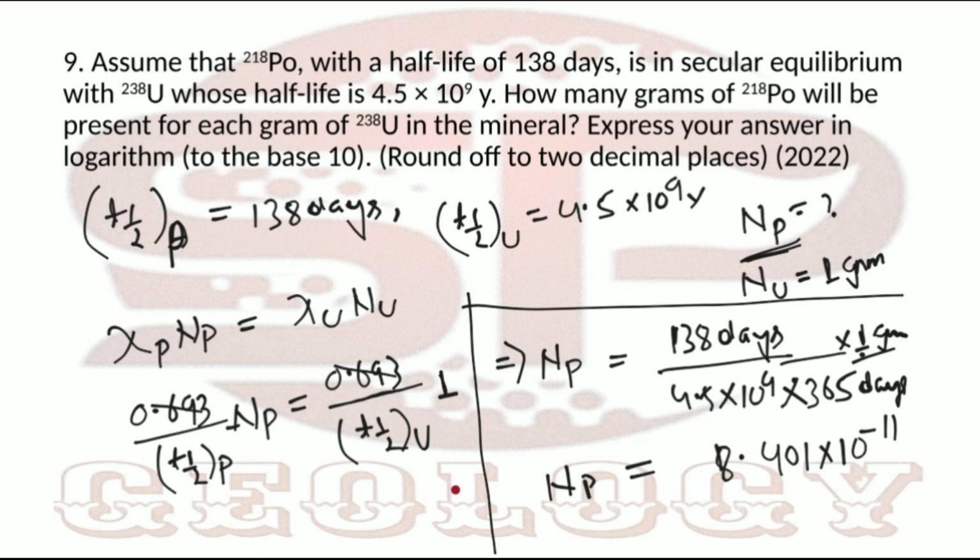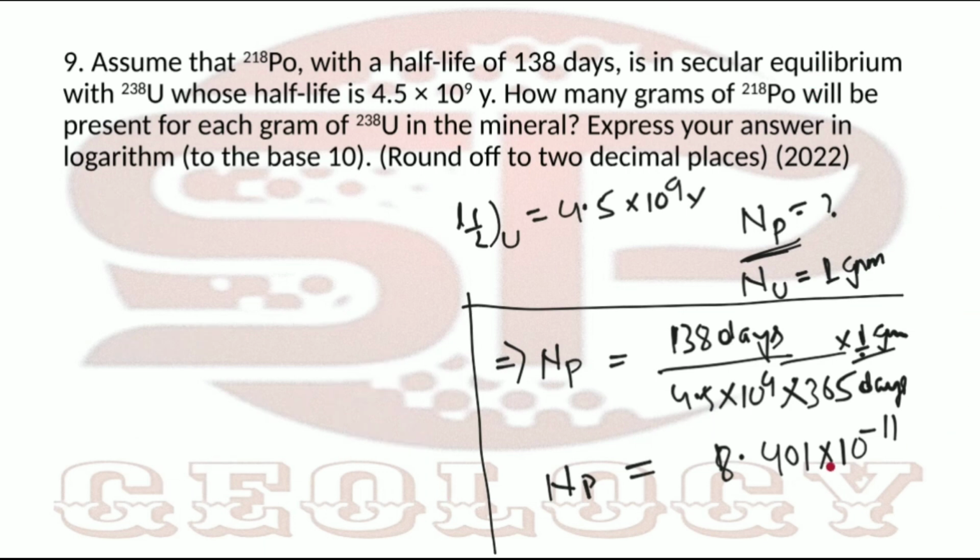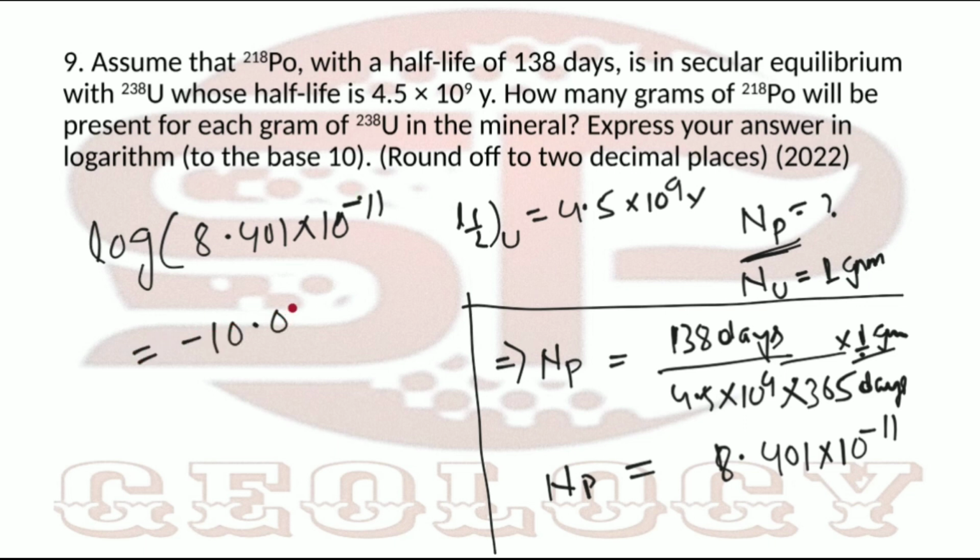So we'll take the log of the answer. We'll express the answer as log of 8.401 into 10 to the power minus 11. So it will be minus 10.07. So the answer will be minus 10.07.